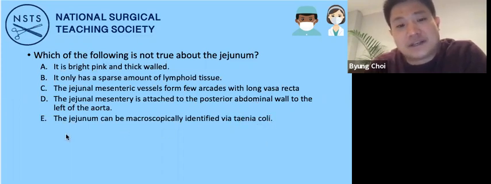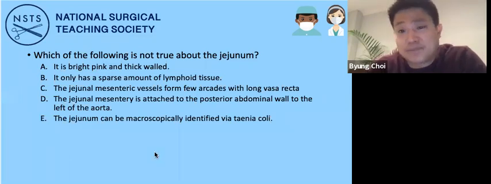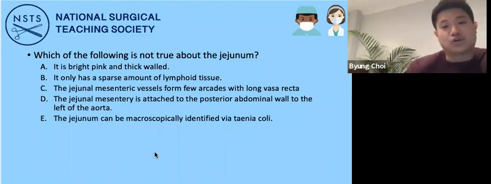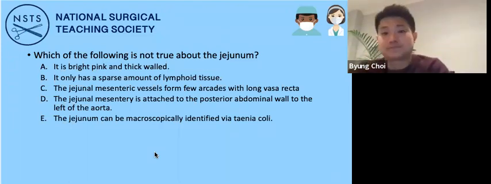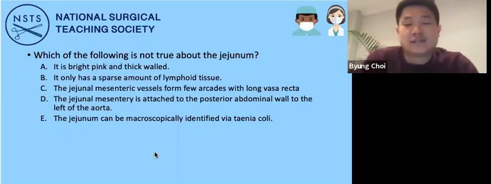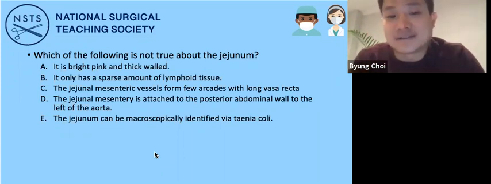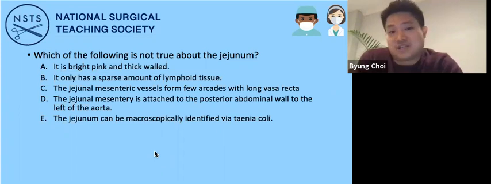And so immediately you would know that that statement would not be true about the jejunum. Taenia coli is not something that you identify on small bowel, it's large bowel that you see it in. And so by that, you could essentially rule out the others because you would know that that isn't true of the jejunum.